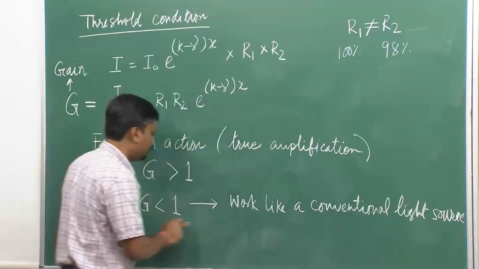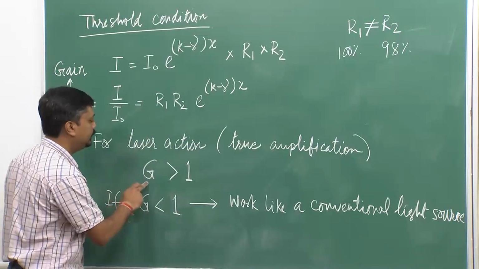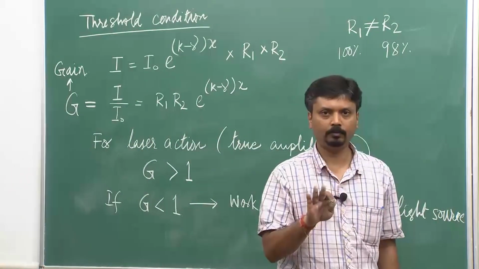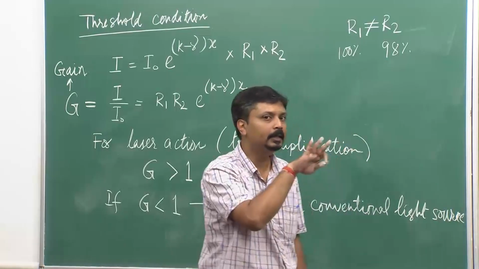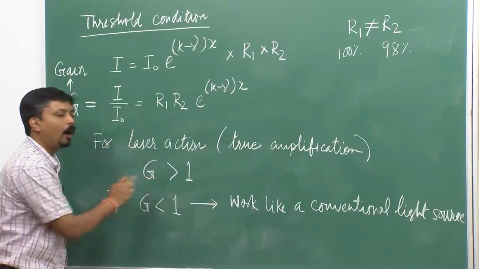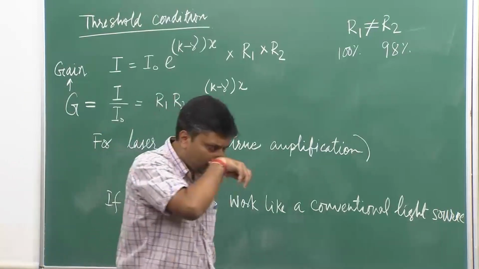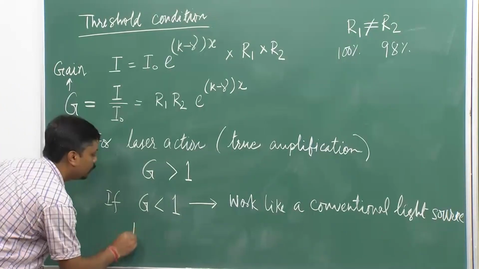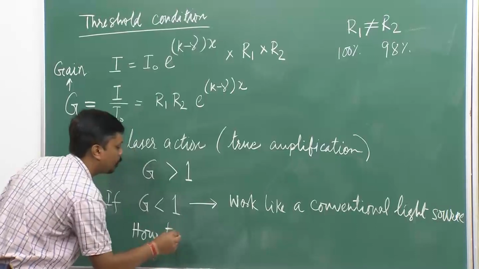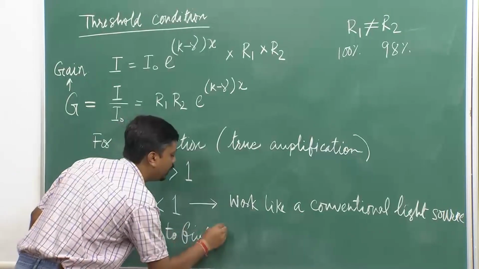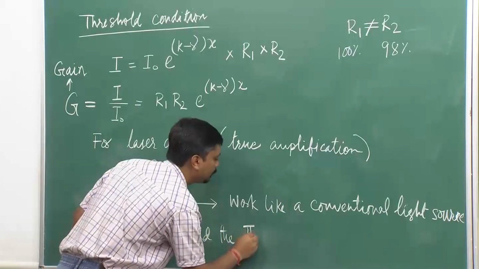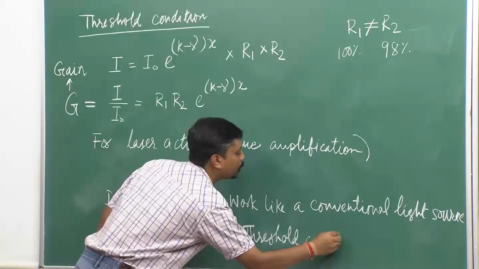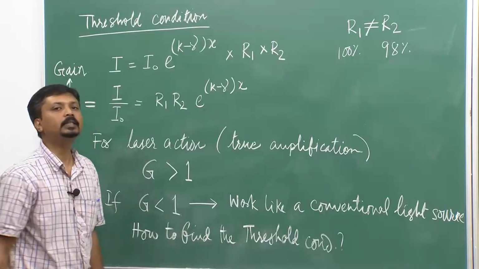So, we definitely want this G value to be greater than 1. So, that means there is a threshold. Okay. We started saying that there must be a threshold, and this is how it looks mathematically. Okay. So, how do I know what is the threshold condition? How to find out? Find the threshold condition. It's very easy, right?